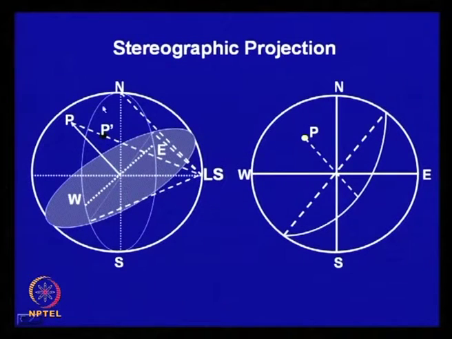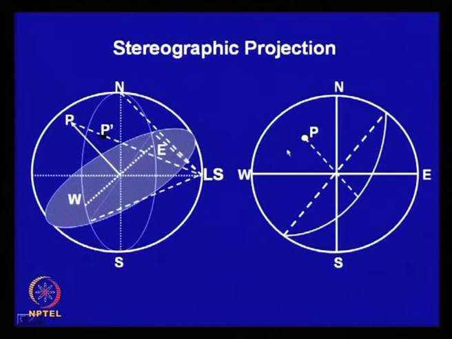Still, here also this is a 3-dimension representation. We convert it into 2 dimensions, then it will look like this. This is point east, this is point west. So, this is getting projected as east and west, these are the 2 points.